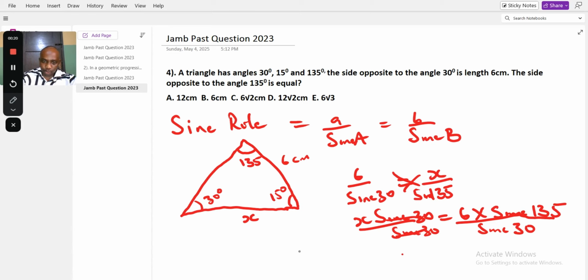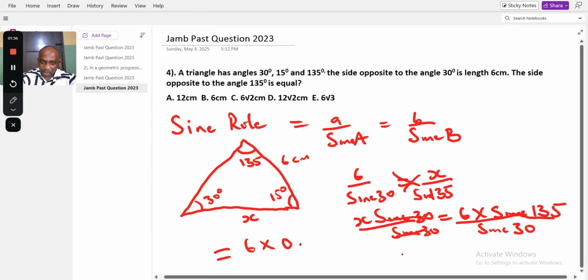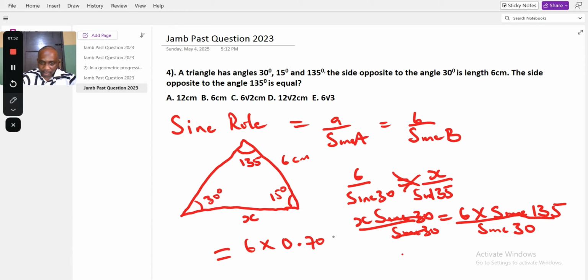Let me put it beside here, I don't want to go to the next page. So what is our sine 135? 6 times, let me use the calculator. Sine 135 gives us 0.7071.